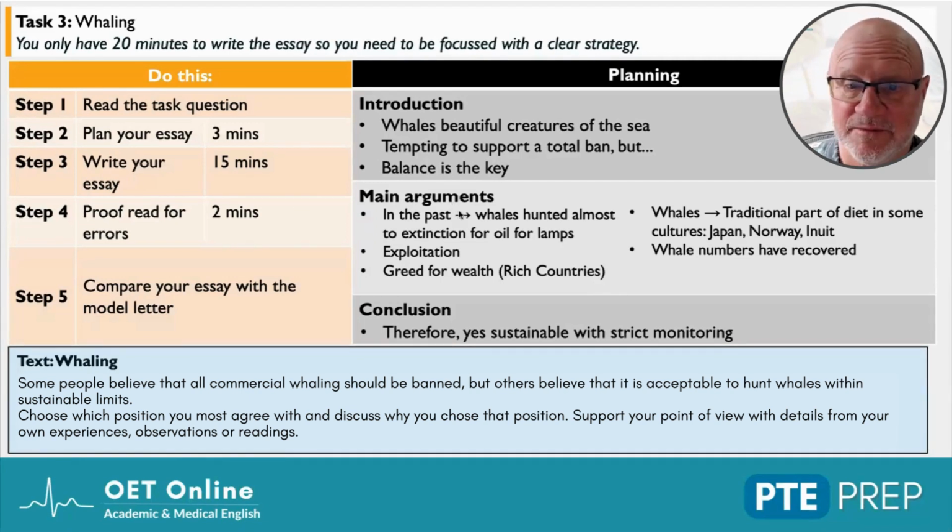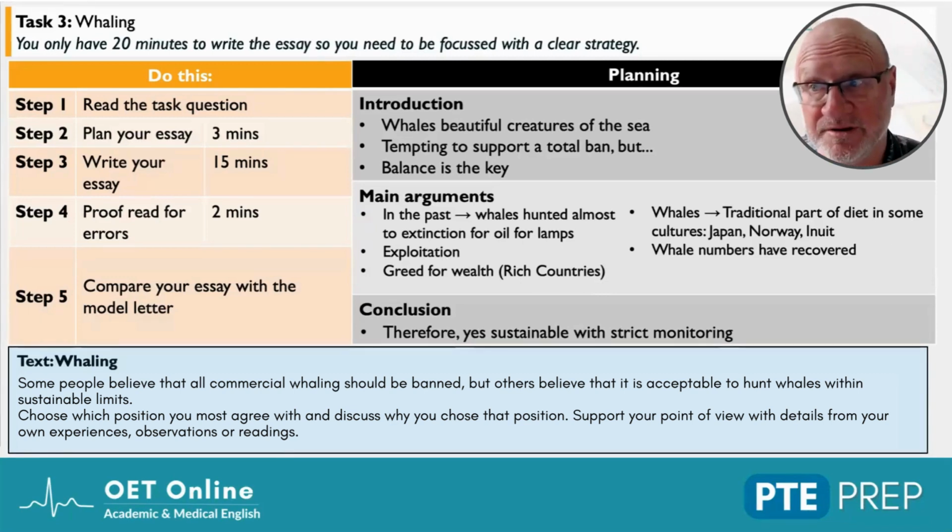Now, your main arguments. In the past, whales were hunted mostly to extinction for oil, for lamps. There was exploitation and a greed for wealth by rich countries. This all happened. Then you've got this knowledge. But on the other hand, whales are a traditional part of the diet in some cultures. Japan, Norway, the Inuit populations.